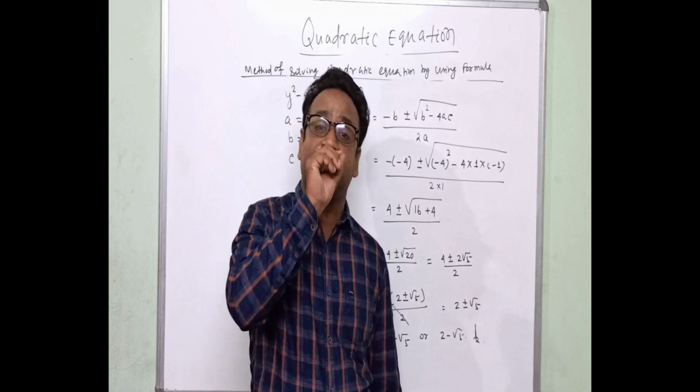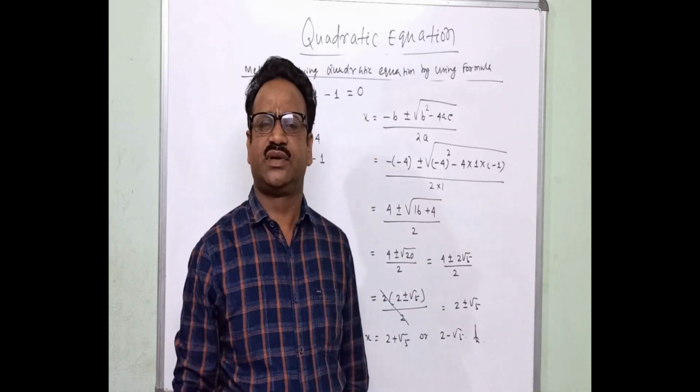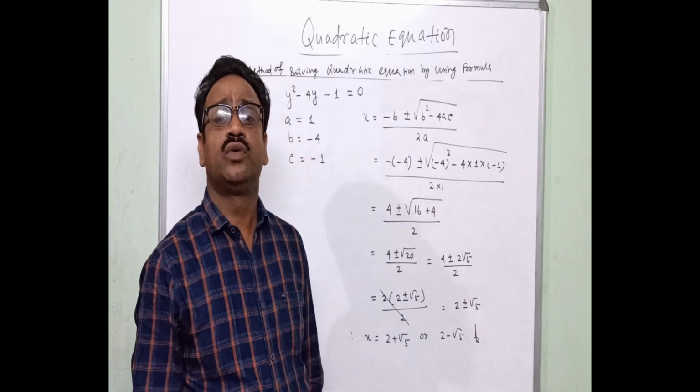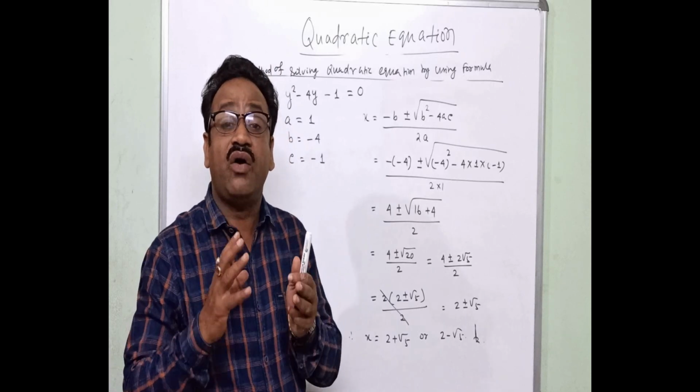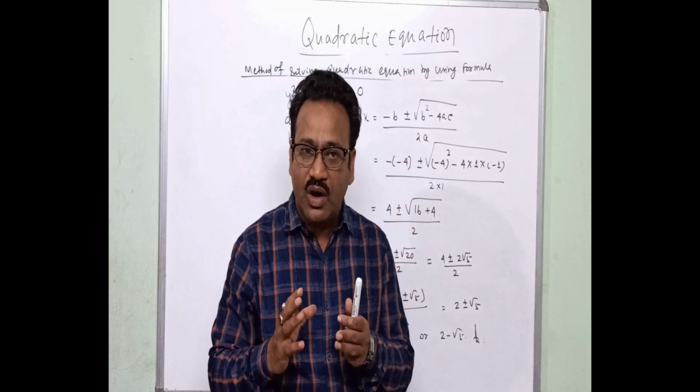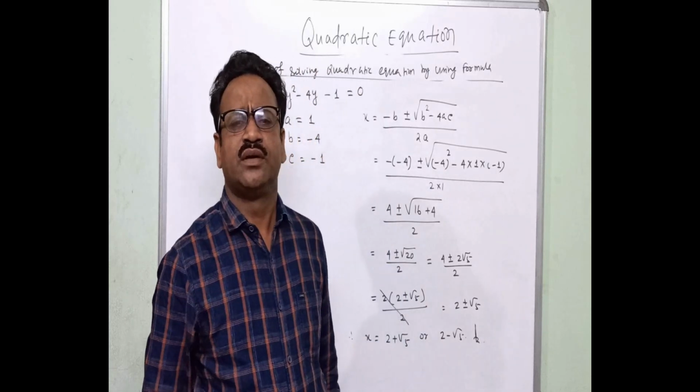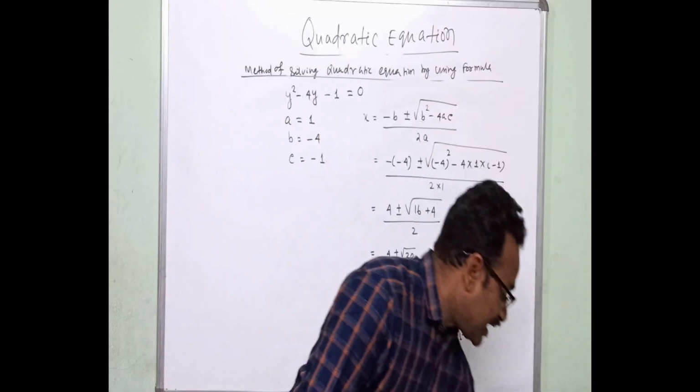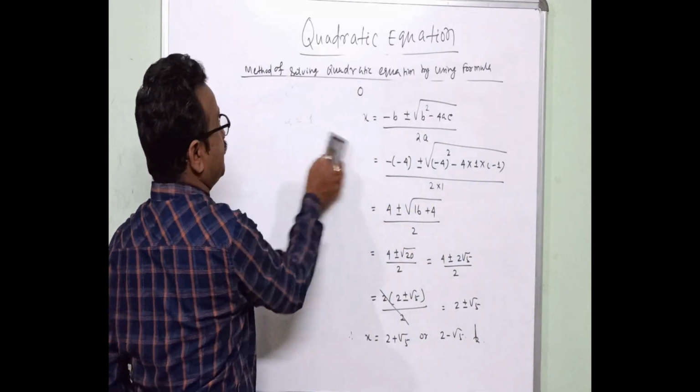Here we have to find out the value. So let us take an example to describe how we are finding the root of the equation up to 2 dp or 1 dp or as per given in the question. Let us see the question.